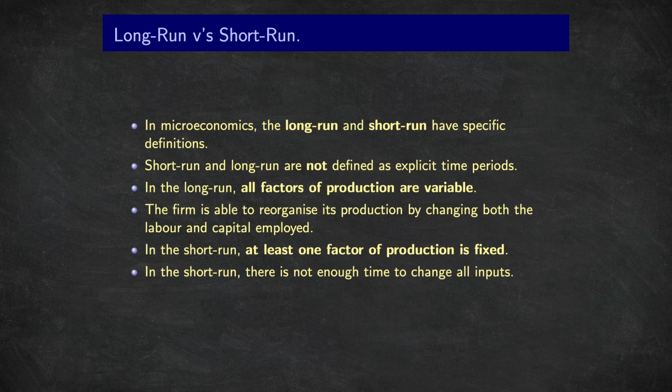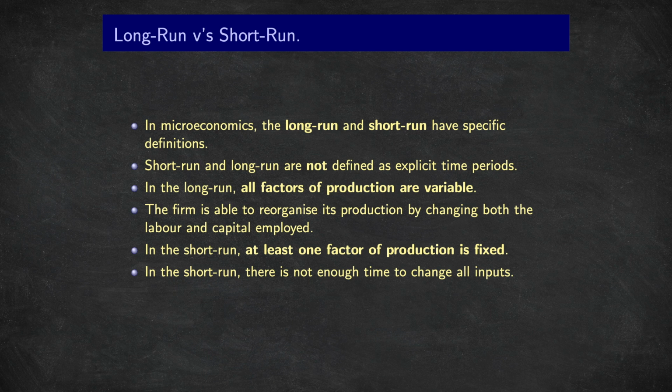In the short run, you could imagine that there is simply not enough time to change all the inputs. For instance, if a firm was running a factory, it has a certain amount of machines, then in the short run, day to day, perhaps the firm can vary the amount of labour hours it employs.